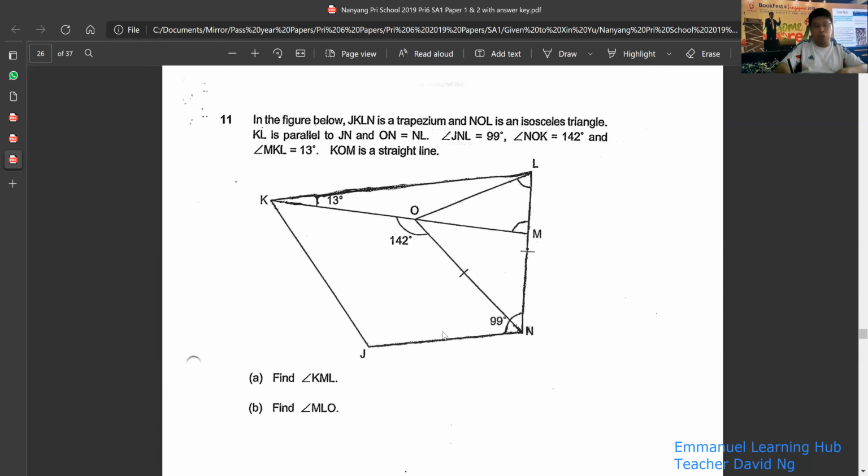Okay, let's take a look at this question. In the figure below, J, K, L, N is a trapezium. So what is a trapezium? How would you describe a trapezium?